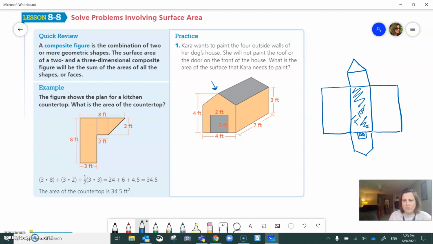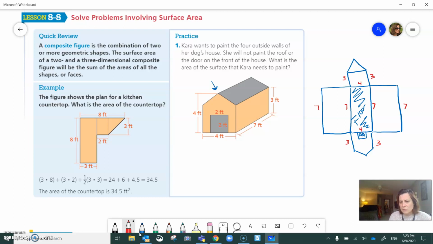Okay, so let's check it out. The dimensions that we know, this is 7 feet. The height is 3 feet. So 3, 3, 3, 3. The distance across this way is 4 feet.